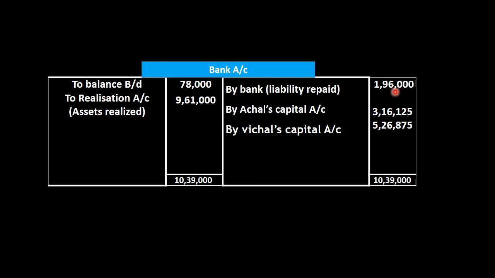After that we have to write the amount which we have to repay to the partners like Achal and Vichal. The amount which we have to repay to Achal is 3,16,125 and the amount which we have to repay to Vichal is 5,26,875 from last capital account which was prepared by us on previous slide.